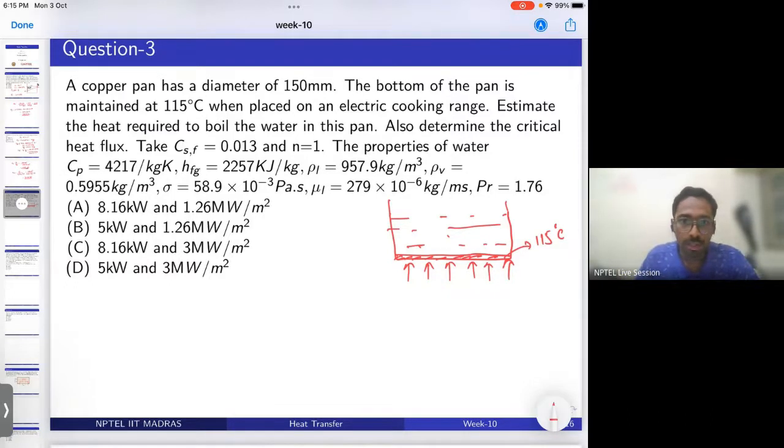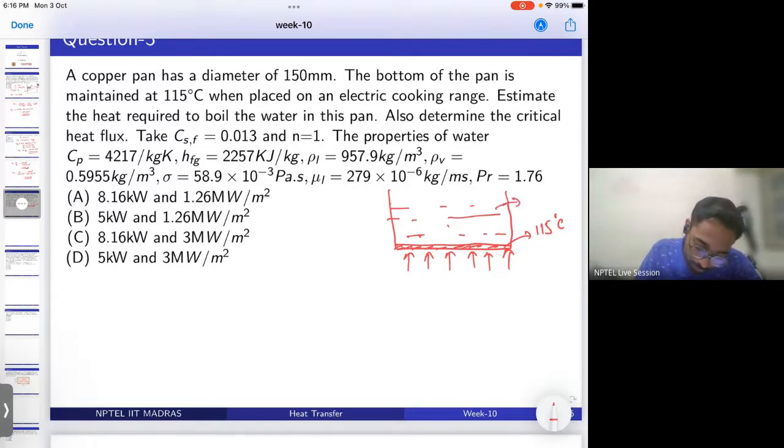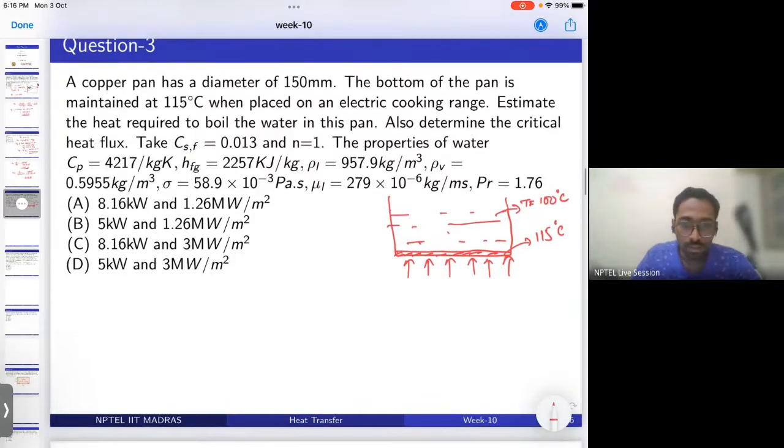Just a minute, let me check the properties of water. So the water is at 100 degrees Celsius because we are asked to find out the heat required to boil the water.